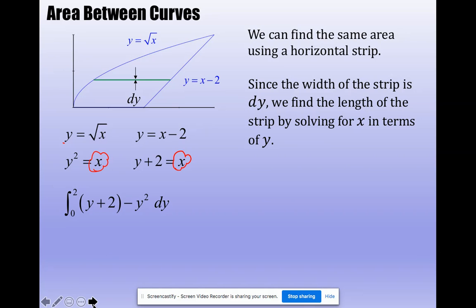And this time, I said not top minus bottom, but right minus left. Right was the linear, left was the curve. So inside my integral, I didn't do top minus bottom, I did right minus left.